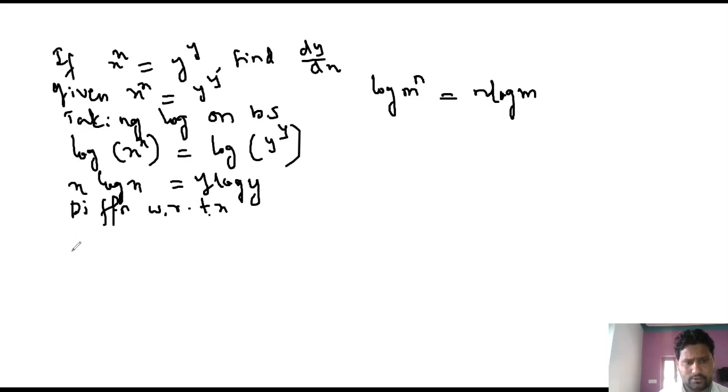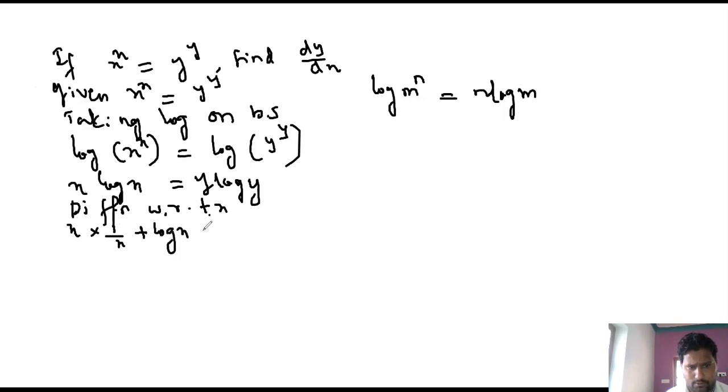We differentiate this by the product rule. First variable x into derivative of log x, which is 1 by x, plus second variable log x into derivative of first variable x, which is 1. Like this, on the RHS also we apply the product rule.